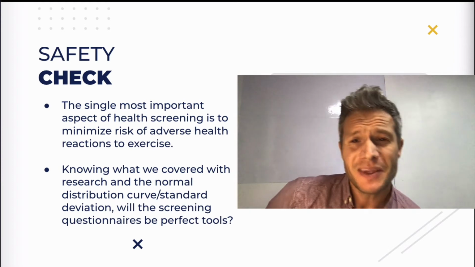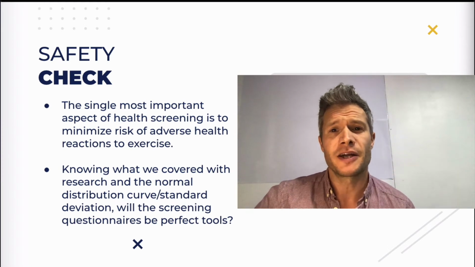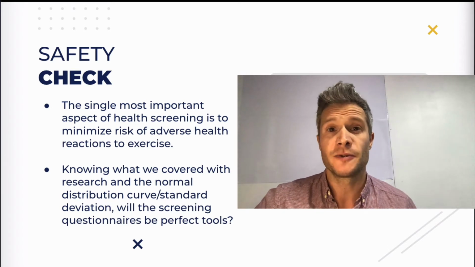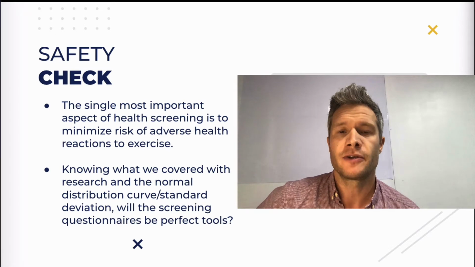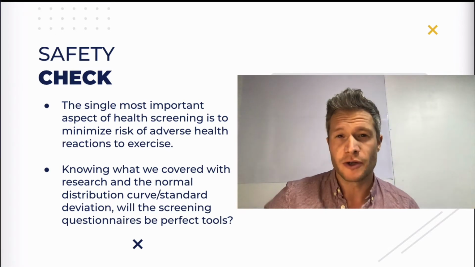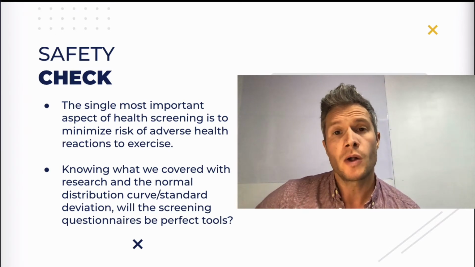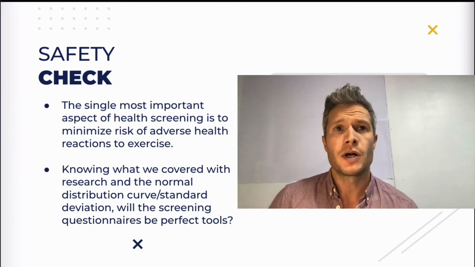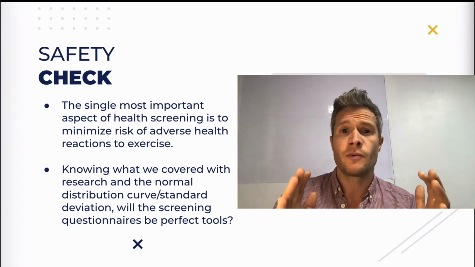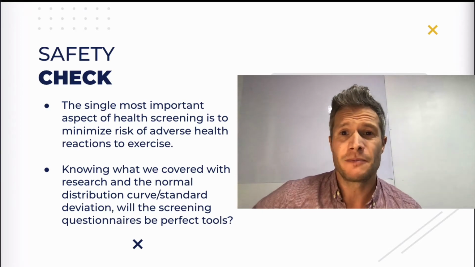And something to pause and consider. If you remember back to last lecture, we covered the standard distribution curve, those bell curve things. And if you recall, one of the important parts about those curves was it gives us a good idea where 95% of people are going to be.